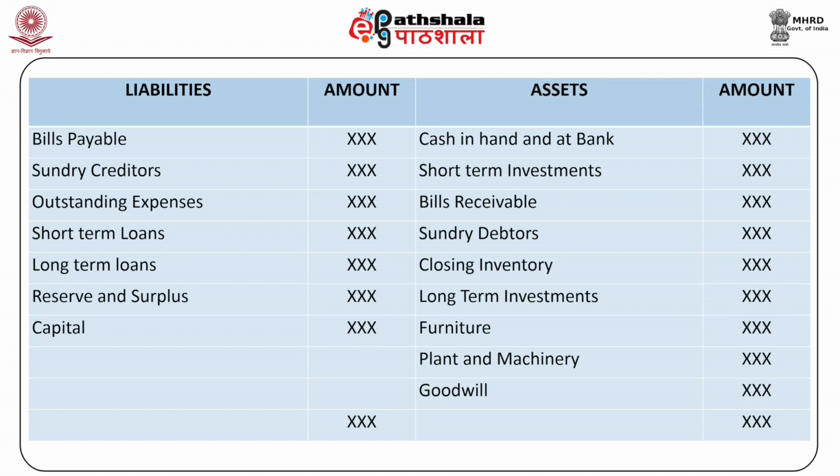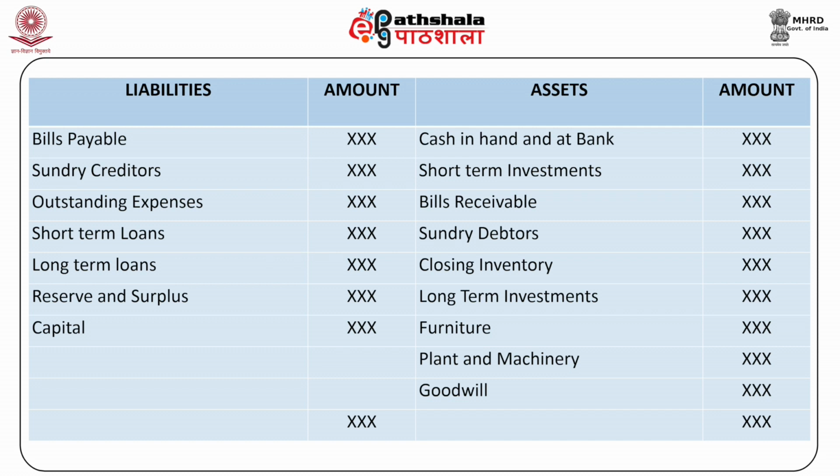On the right hand side you see assets starting with cash in hand, cash at bank, short term investments, bills receivable, sundry debtors, closing inventory, long term investments, furniture, plant and machinery, goodwill, and total of these items at the end.